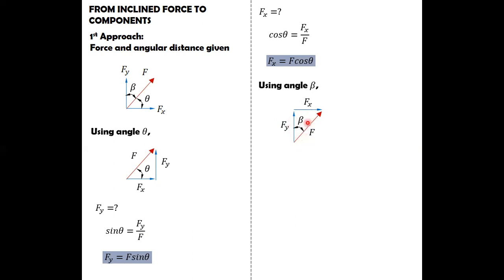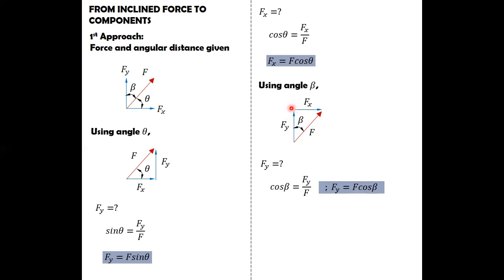And then let us try to correlate it to the hypotenuse side of the triangle, which is the inclined force F. So cosine function kasi adjacent over hypotenuse. So by using cosine function, cosine beta is equal to the adjacent side, which is Fy, over the hypotenuse side, which is F. So by applying cross multiplication, we will be having the equation in computing Fy.